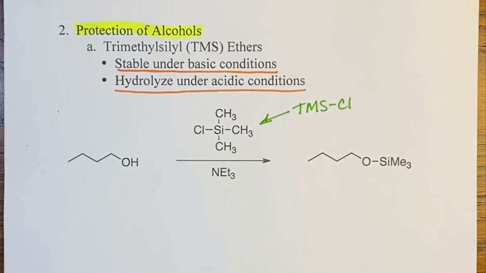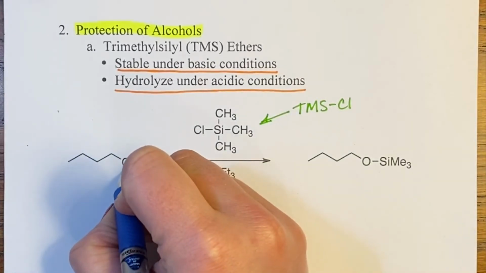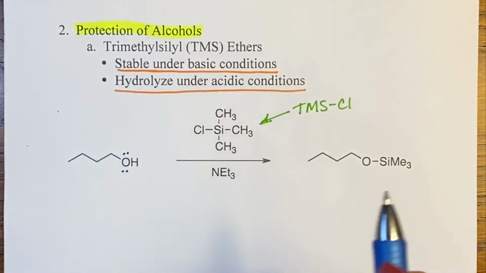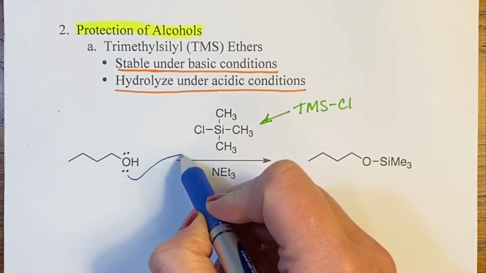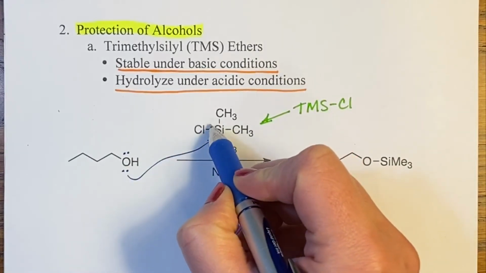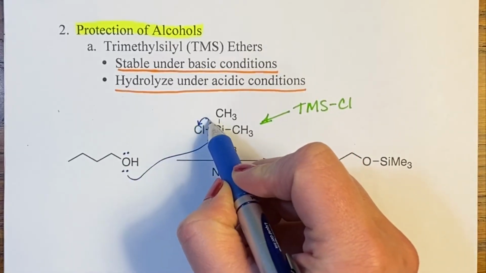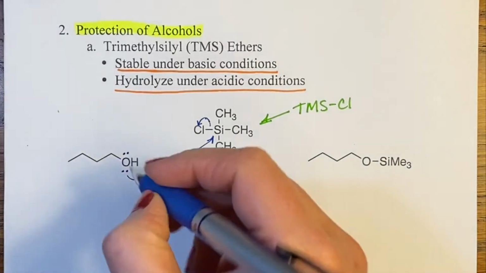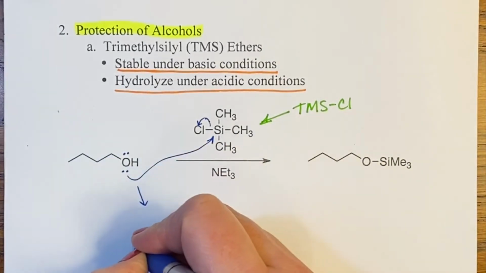So what's going to happen in this reaction is that our oxygen is going to attack at the silicon. It's going to kick out that chloride in an SN2 reaction, and what we get is this.